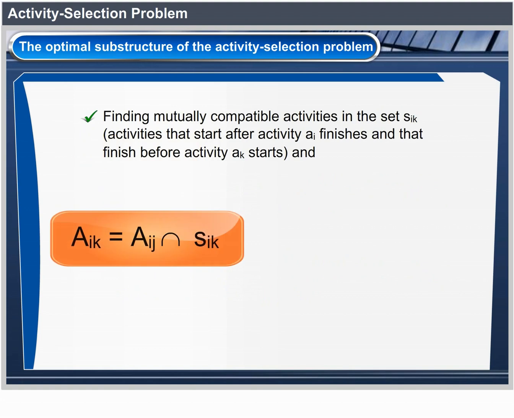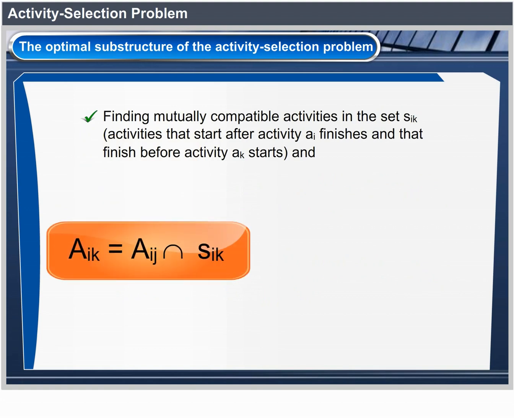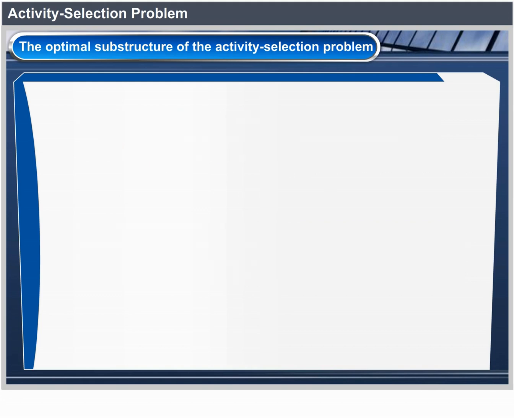Let Aik equal Aij ∩ Sik and Akj equal Aij ∩ Skj, so that Aik contains the activities in Aij that finish before Ak starts and Akj contains the activities in Aij that start after Ak finishes.